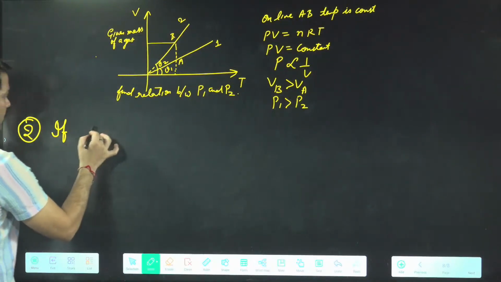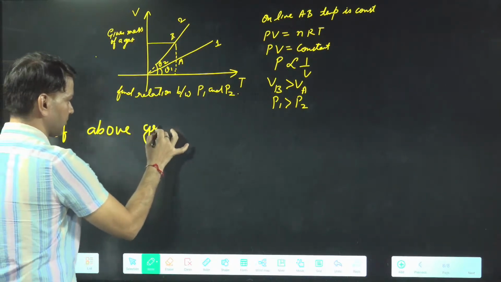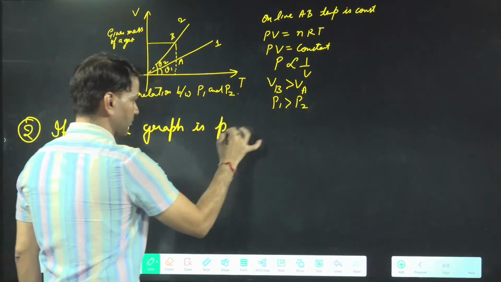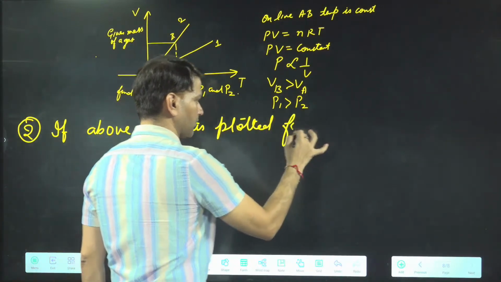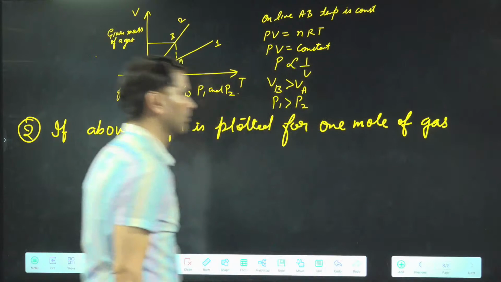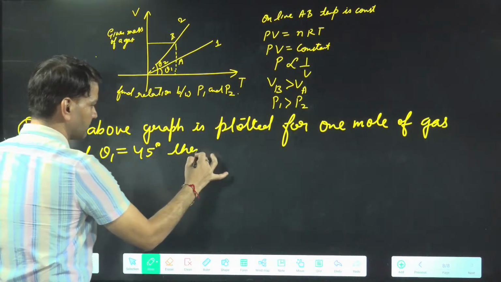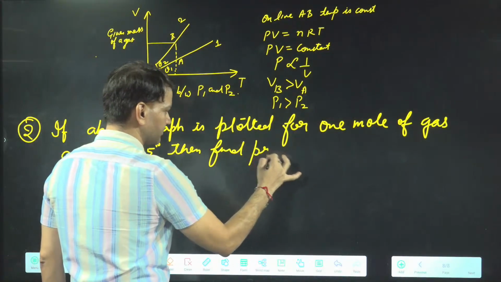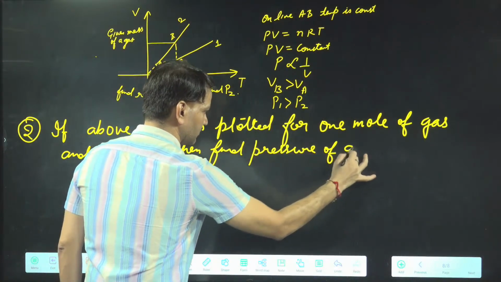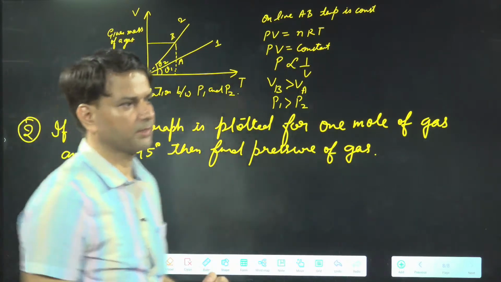If the graph is plotted above and theta 1 is equal to 45 degree, then find the pressure of the gas.